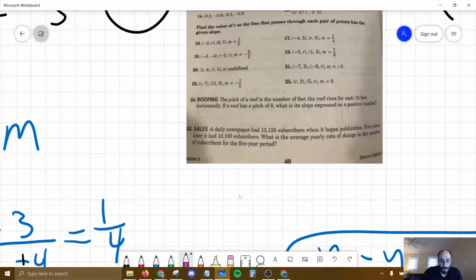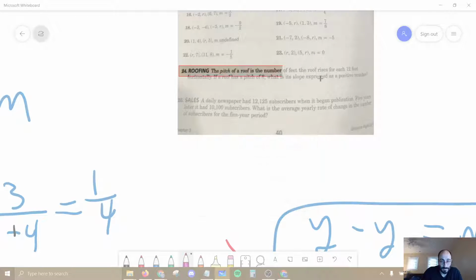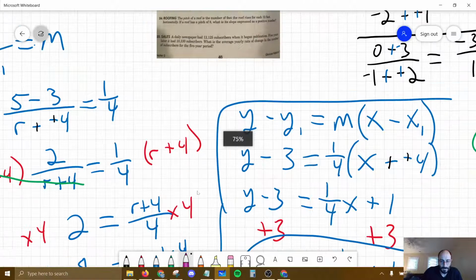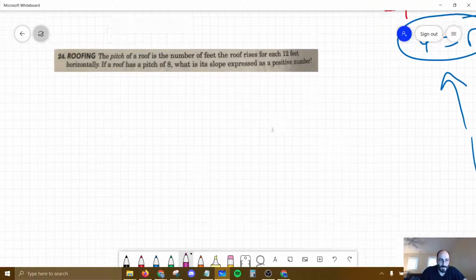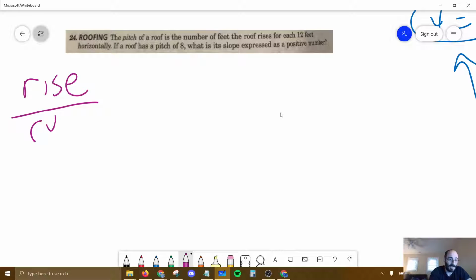Okay, so let's take that problem really quick. All right, the pitch of a roof is the number of feet the roof rises for each 12 feet horizontally. So remember, horizontal is x. Rises is up and down, because another way to talk about slope is called rise over run.